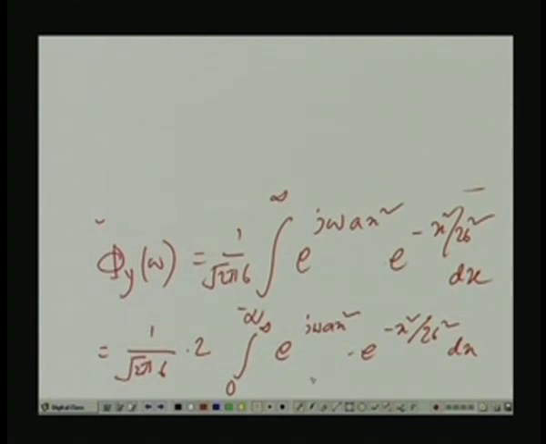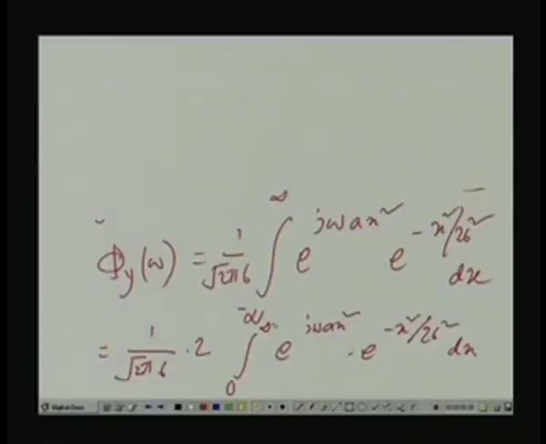Now, in this interval 0 to infinity, we have got of course the function y equal to a x square, but within the interval 0 to infinity, the relation between y and x is 1 to 1. For any x you get only one y, and for any y you get only one x.